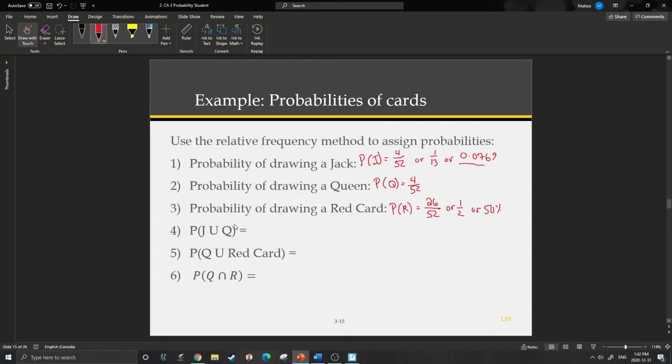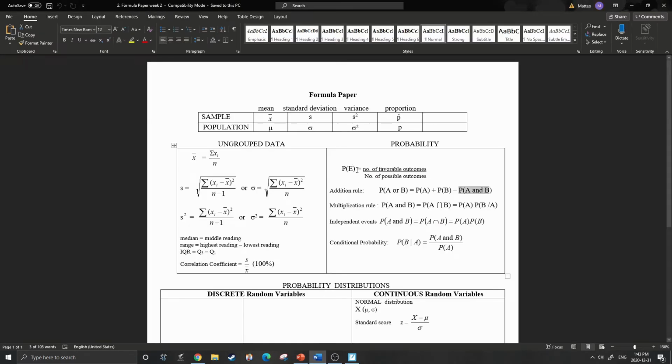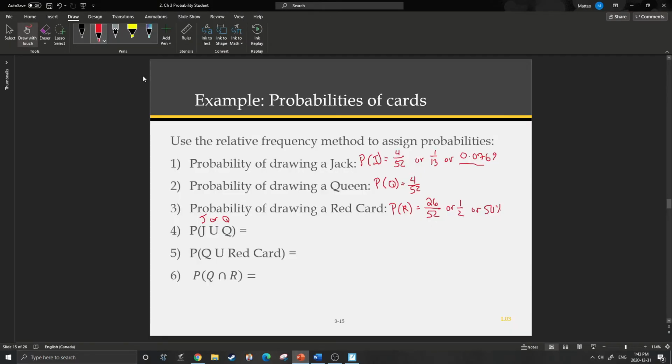Now we're starting to use some of that lingo that I was showing you before. So remember, this is the symbol for or, right? So they're basically saying, what's the probability of getting a jack or a queen? Well, remember from our formula sheet that when you're finding the probability of an experiment, you tally up the number of favorable outcomes divided by the number of possible outcomes.